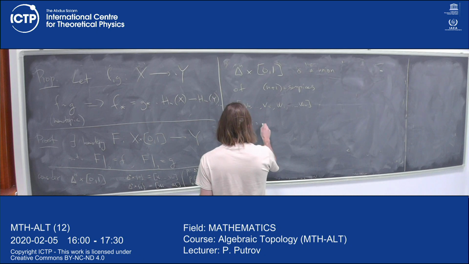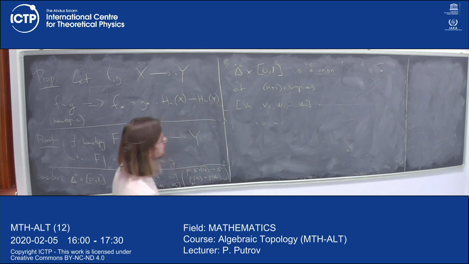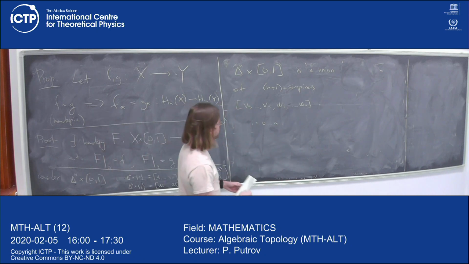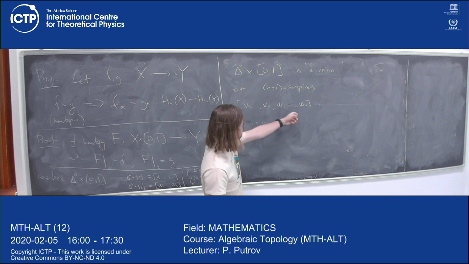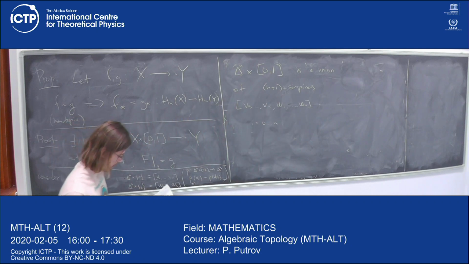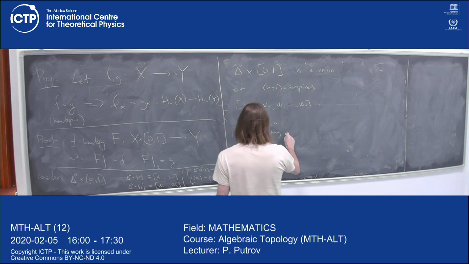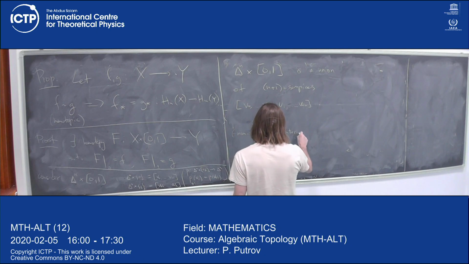So i runs from 0 to n, and there are n plus 2 vertices here, so these are n plus 1 simplices. And the simplices have non-intersecting interiors.